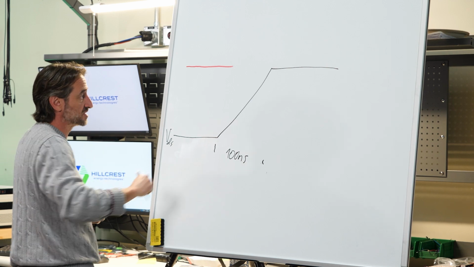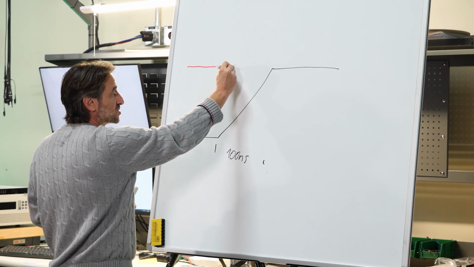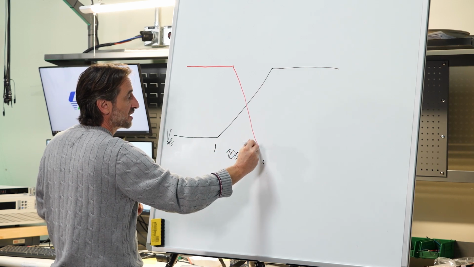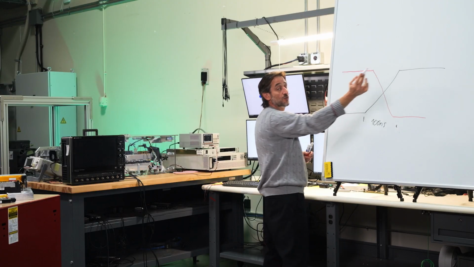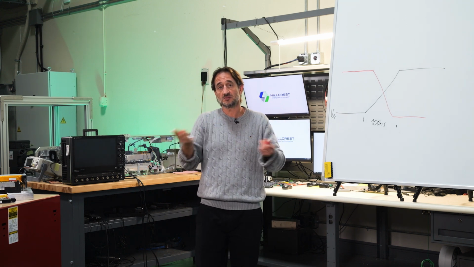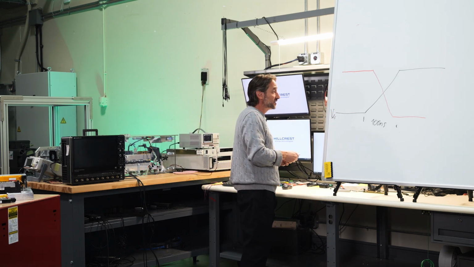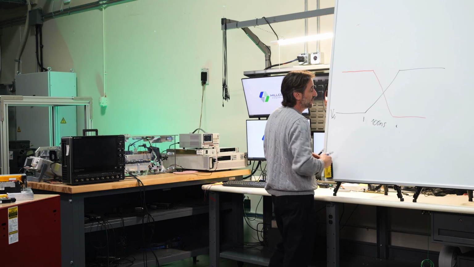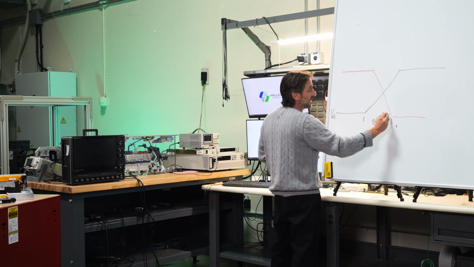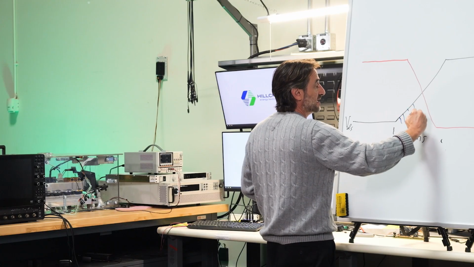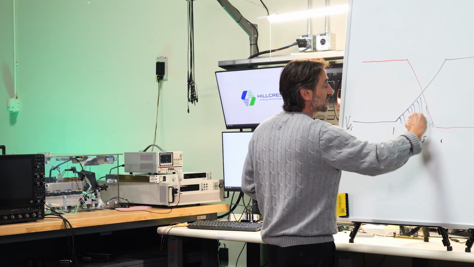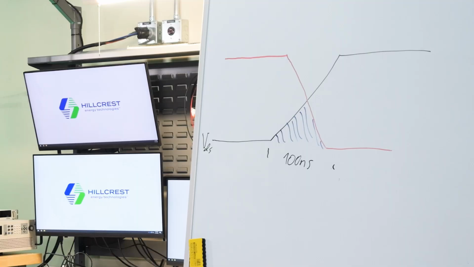So the current starts to go down, and when the switch is fully open, the current is zero because, well, the switch is open. During this transition, we have this triangle. The area in this triangle is the switching losses. Okay? So that's the basics of switching losses, how they occur, when they occur, and what affects them.